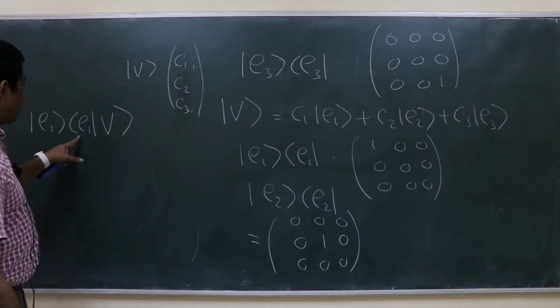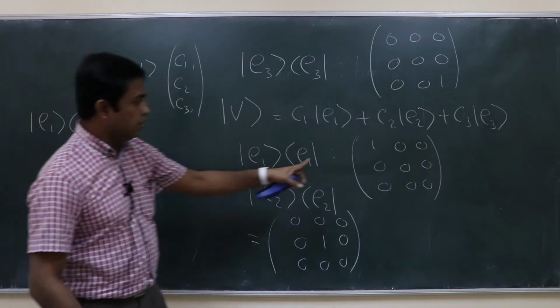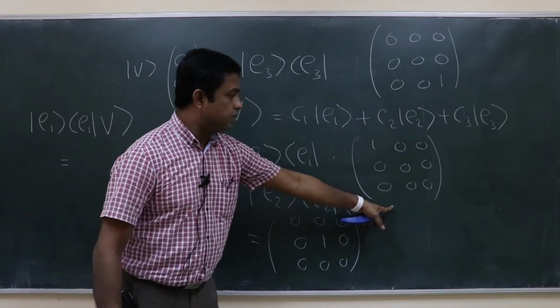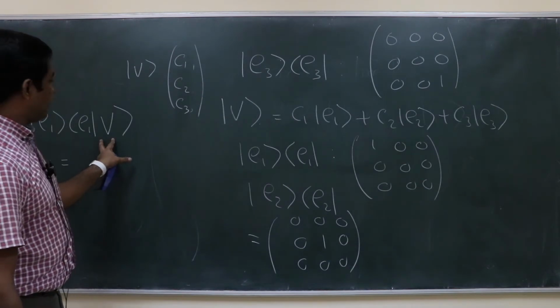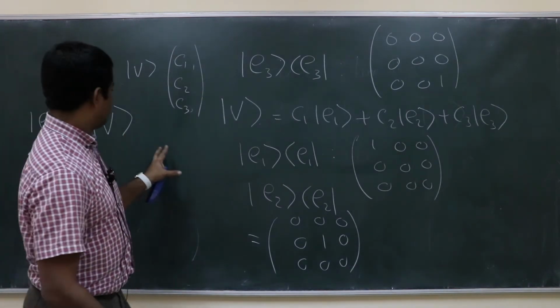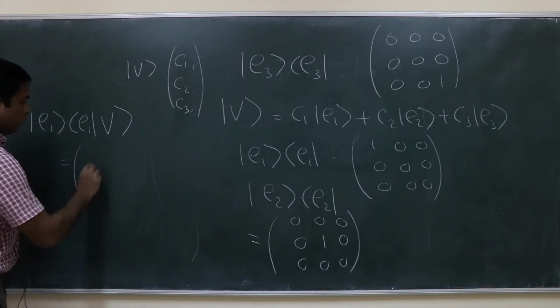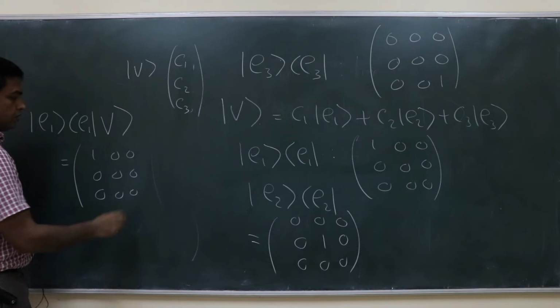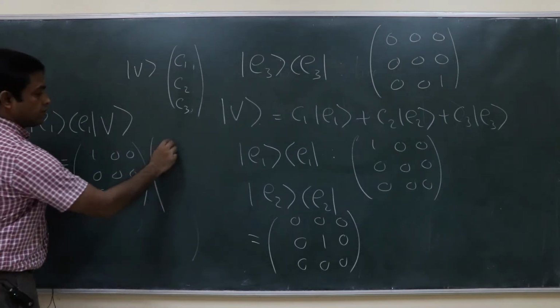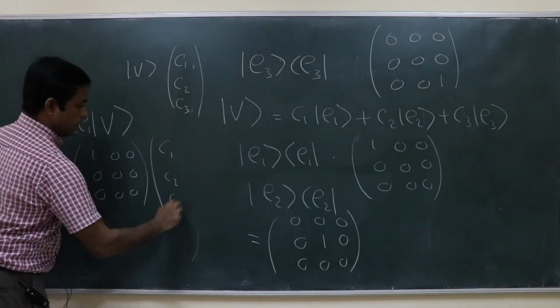See, ket E1, bra E1, that is basically this matrix, right? Then you write ket V. So if you want to do that, you write down 1, 0, 0, 0, 0, 0, 0, 0, 0. Ket V is C1, C2, C3.